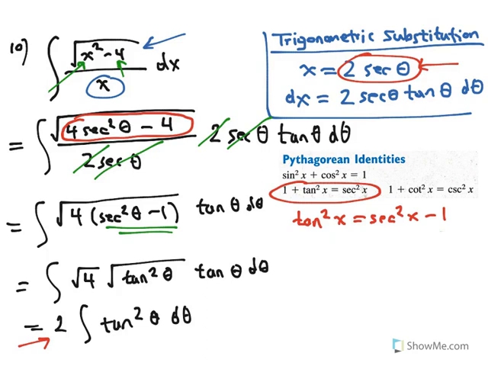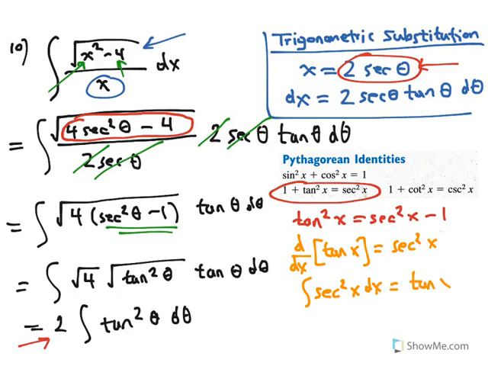For example, we know that the derivative with respect to x of tangent x is secant squared x. So if we have the indefinite integral of secant squared x dx, the antiderivative will be tangent x plus c. And why do I bring this to your attention?